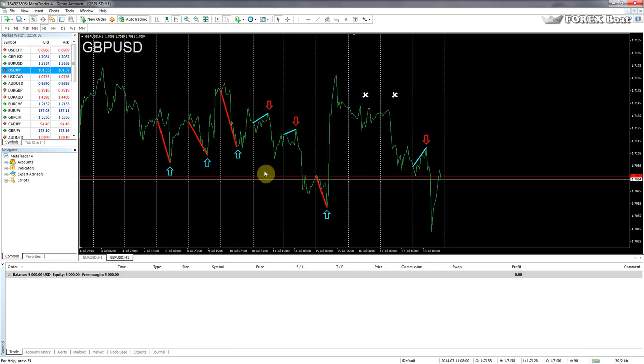So now, as you can see, it's starting to make a bit more sense. The lines are always connecting the open price of the day with a price somewhere in the market, which we'll talk about just now. And then some other arrows show which way the trader should enter the market. Blue means buy, red means sell.